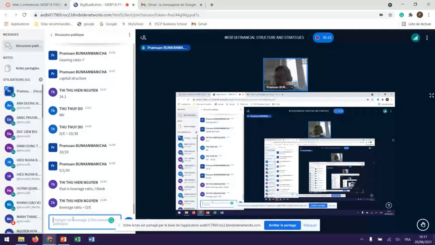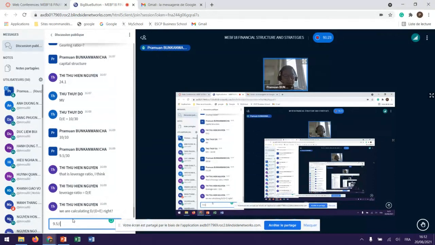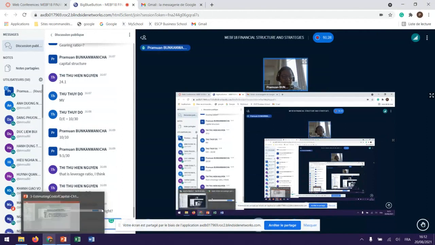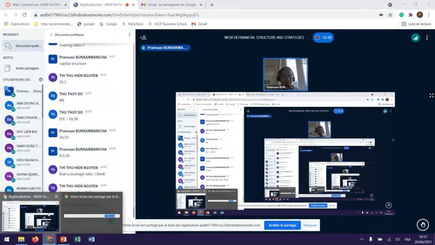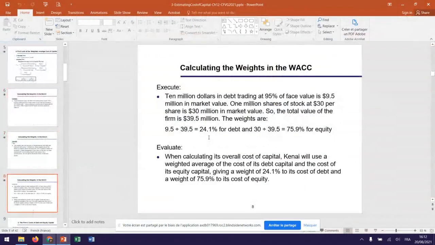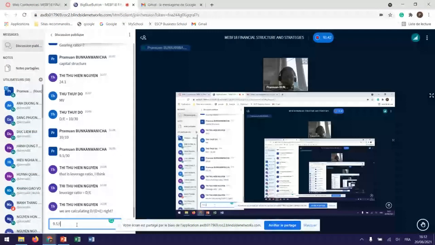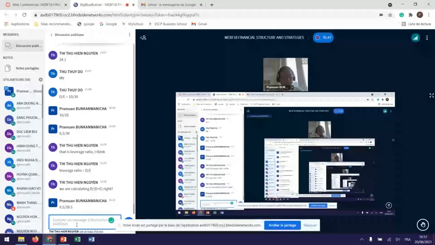The debt is going to be 9.5 divided by, exactly, you have to divide it by D plus E, and D plus E should be 39.5, right? Which is now a leverage ratio.